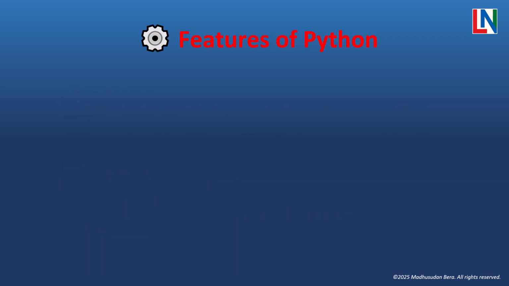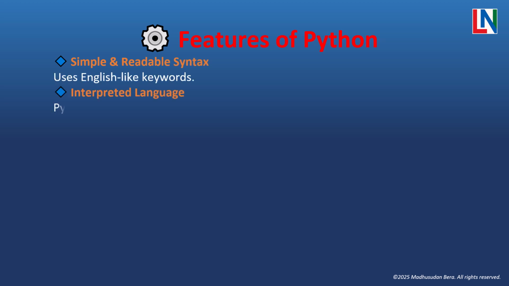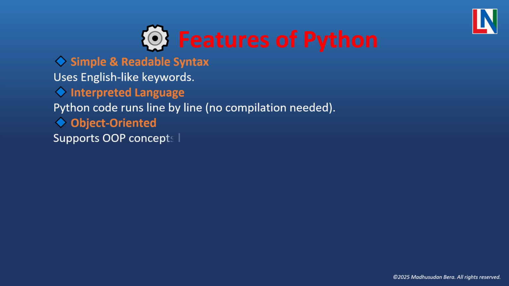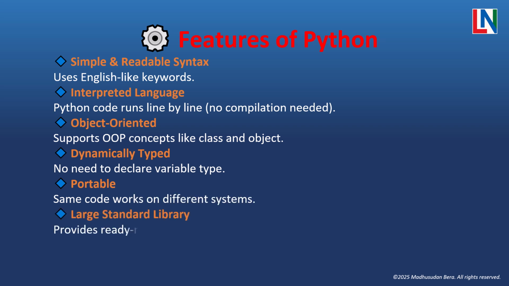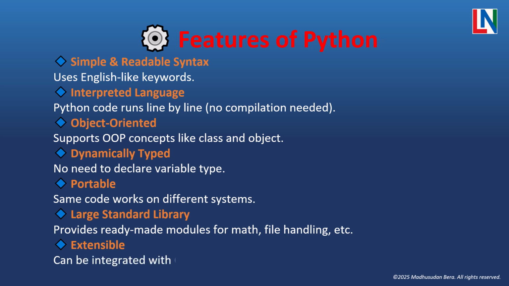Features of Python. Simple and readable syntax, uses English-like keywords. Interpreted language: Python runs line by line, no compilation needed. Object-oriented: it supports OOP, that is, object-oriented programming concepts like class and object.